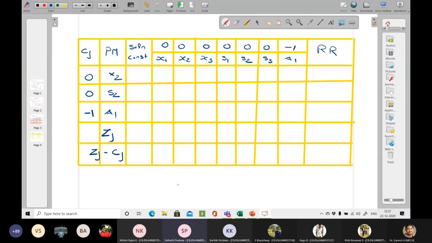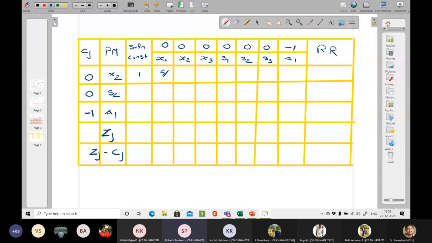1, 5 by 7, 1. No, 5 by 7 is x1. X1's value is 1 under x1. The heading is solution. For x1, it is 5 by 7.